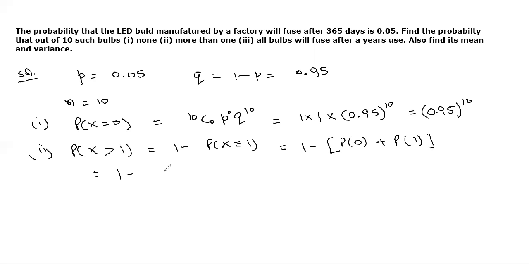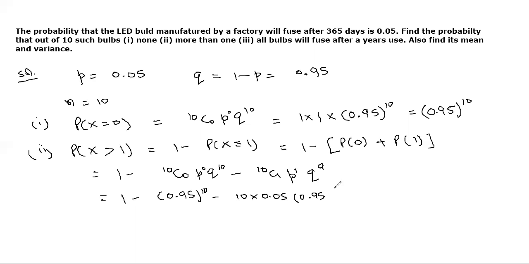So the answer should be 1 minus 10C0, p raised to power 0, q raised to power 10, and minus 10C1, p raised to power 1, q raised to power 9. So it should be 1 minus, as we calculated this probability, 0.95 raised to power 10, and the second one will be 10 into 0.05 into 0.95 raised to power 9. For the sake of simplicity, we can leave this answer right here.